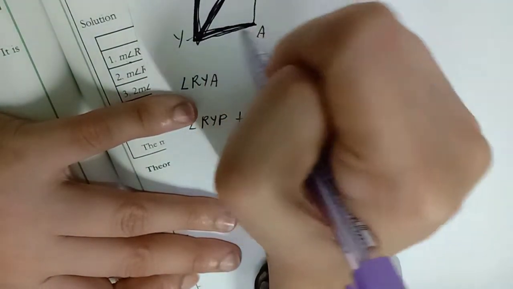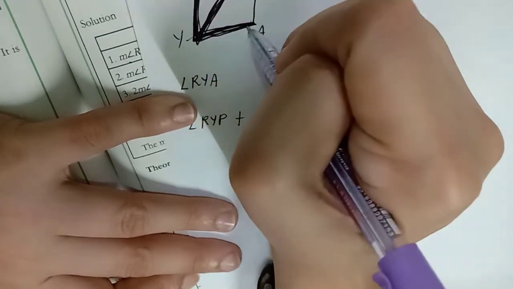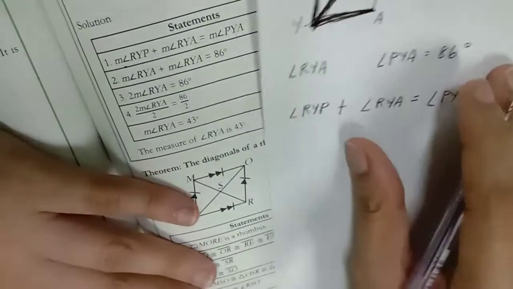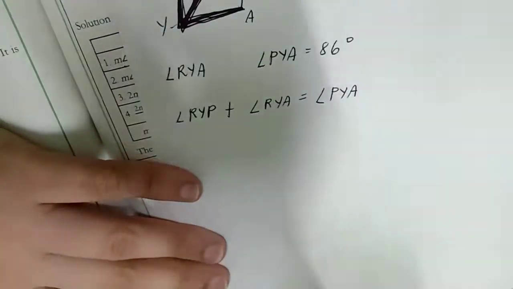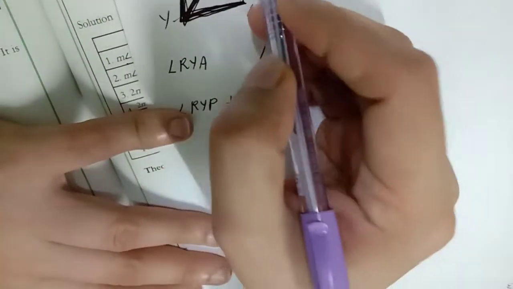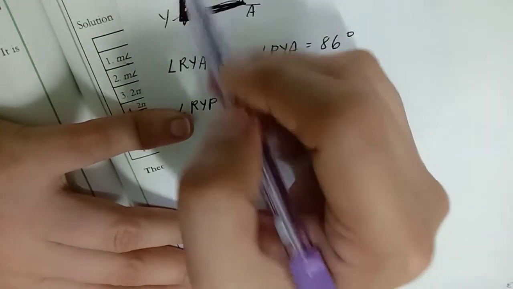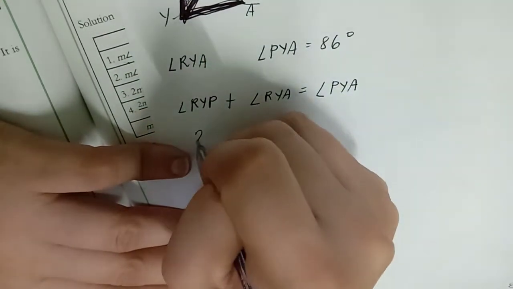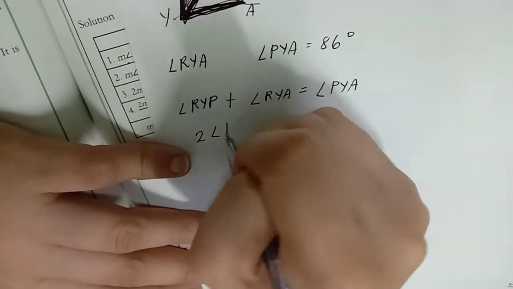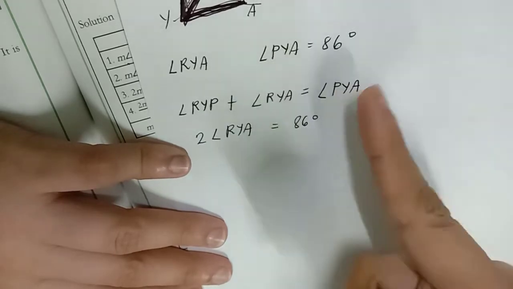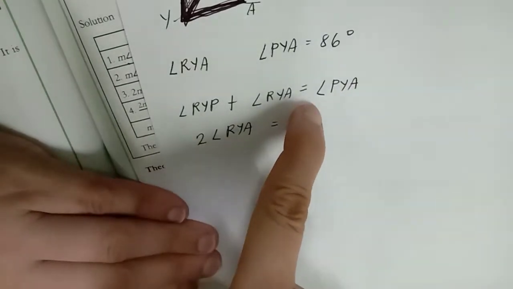Okay, so RYP plus RYA is PYA, which is true. Okay, so we can say that since parehas lang po yung measure ni RYA pati ni RYP, dalawang angle of RYA is equivalent to 86 degree or the angle of PYA.